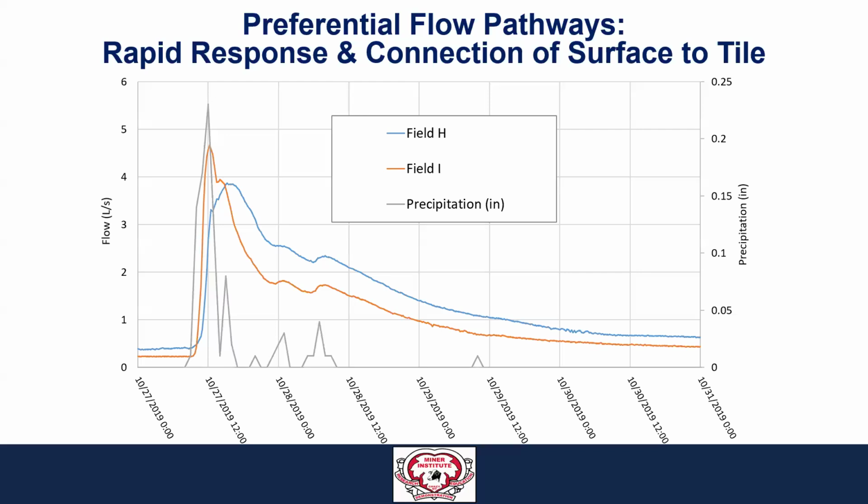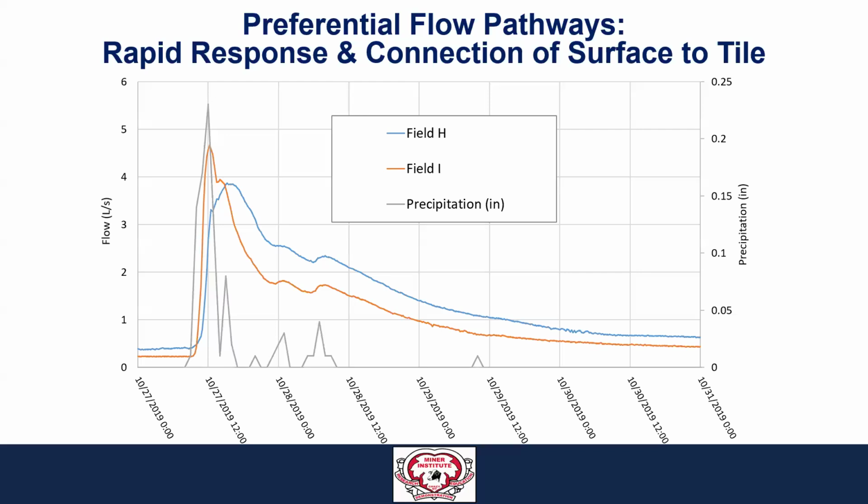Precipitation over on the right, we get right about a quarter of an inch very rapidly, and if this was moving through the soil profile as matrix flow, we wouldn't expect to see that concomitant increase in the tile flows until several hours later. But we see that tile flow peak at almost the exact same time as our precipitation is peaking, meaning there is that direct connection.